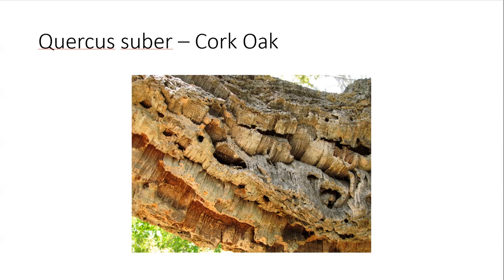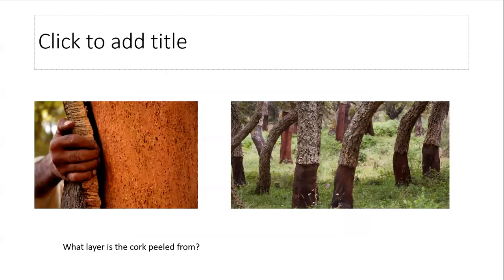Okay, now the process is that they strip the epidermal layer, that cork layer, off of the tree, leaving the cambium layer intact. They only remove the cork portion or the epidermal portion of that plant.